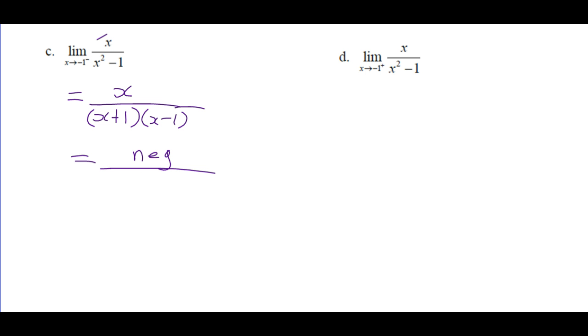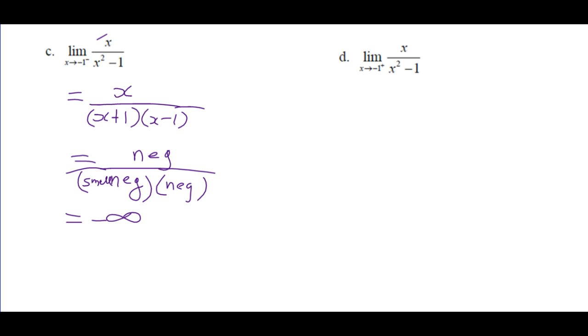You're approaching -1 from below, so you're -1.1 or whatever. So this will be negative. And this will be a small negative. And this one will just be a negative, right? Because these guys are really going to be the same number almost. Really close anyway. And so we get -infinity.